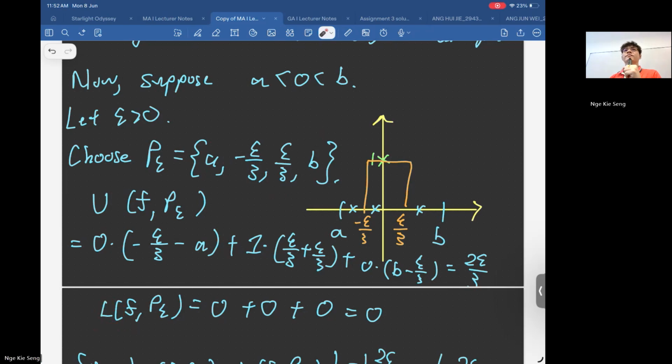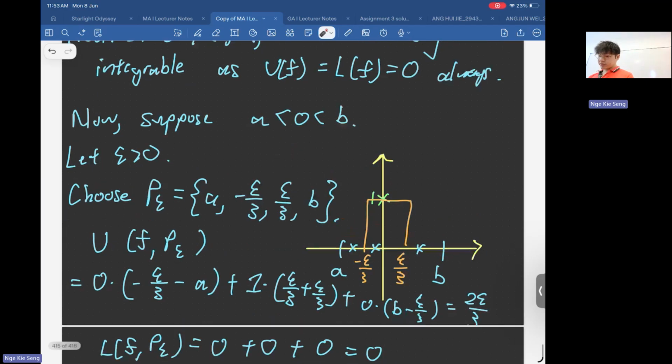So the point is to fix your partition before you calculate U and L. When A equals 0, this A gets pushed to 0, so this part here will disappear. You don't need to care about it.